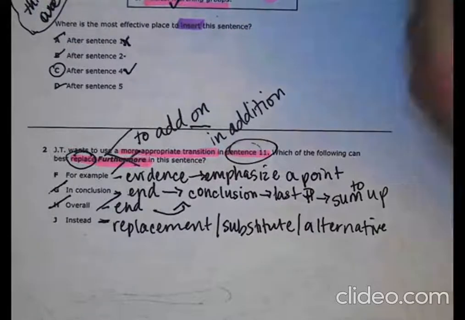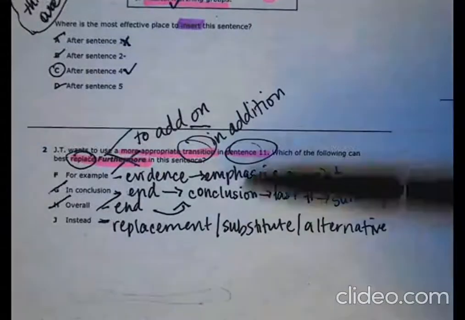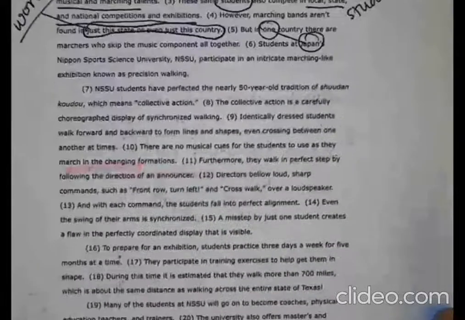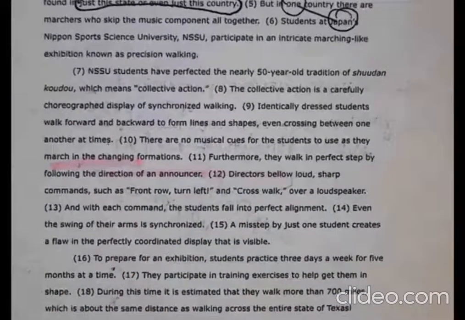So since it is a transition, we need to read from the sentence before so that we can see what we're transitioning from, right? So we're going to start reading from sentence 10, leading into sentence 11. All right? Here we go. And let me highlight the sentence so you guys can see it a little better.